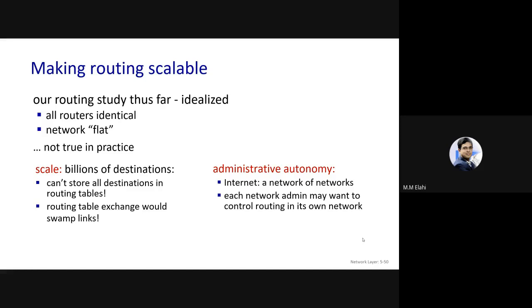Now the problem is, if one organization uses RIP and another organization uses EIGRP, how can they communicate? Because for dynamic routing, every router must follow the same routing algorithm, right? You cannot use RIP and EIGRP in the same network. So then how will those two organizations communicate? You get my point? Question? Because in the internet there are so many organizations, each one using a different dynamic routing algorithm. Then how can they communicate?